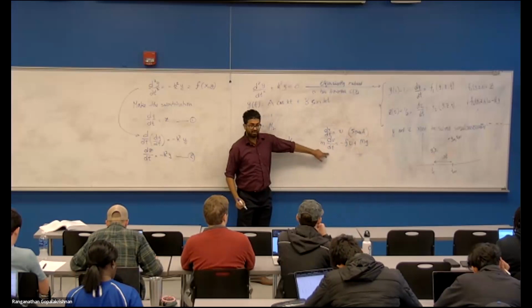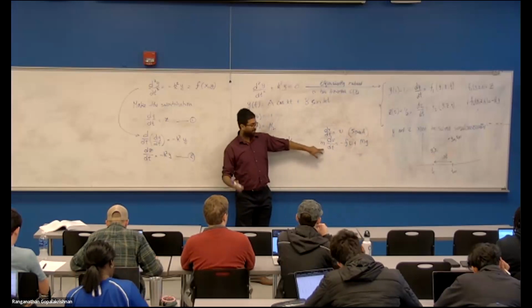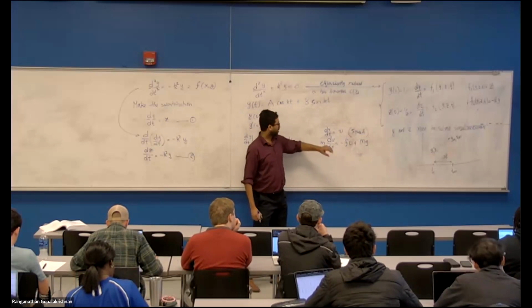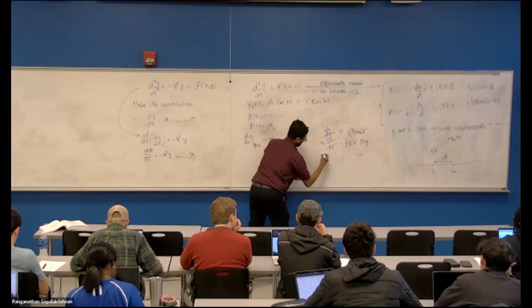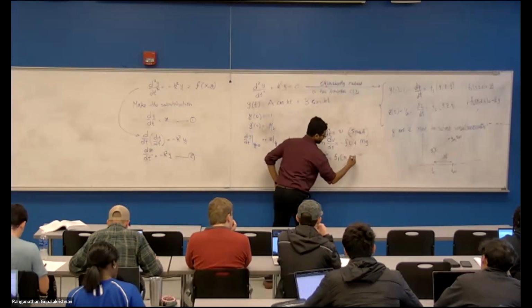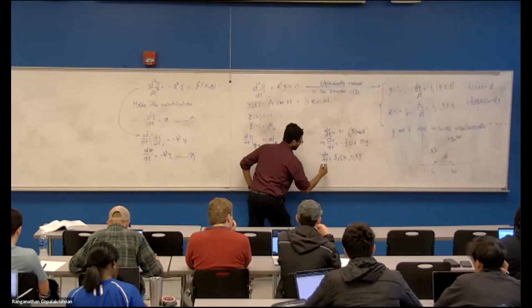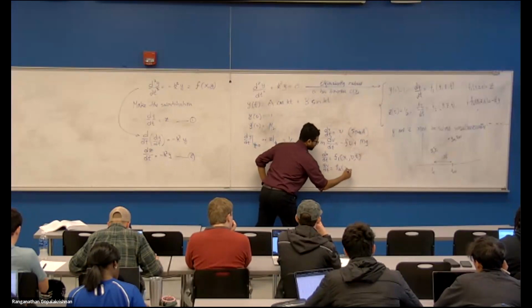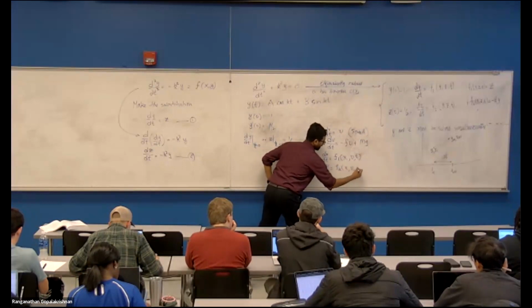The second line is nothing but Newton's law: mass times acceleration equals force. So now you have dx/dt equal to a function f1 which depends on position, speed, and time. dv/dt is another function f2 which depends on x, v, and time.